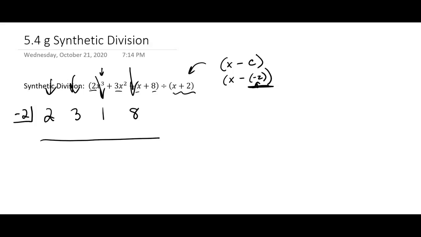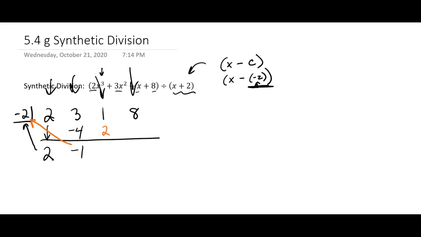The first number always comes straight down. So I just write a 2. Then what I'm going to do is I'm going to take that 2 and multiply it times the negative 2 and get negative 4. Then I add. So 3 and negative 4 is negative 1. And then I take the negative 1 times the negative 2.